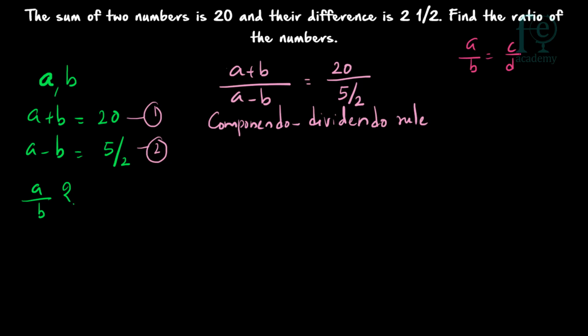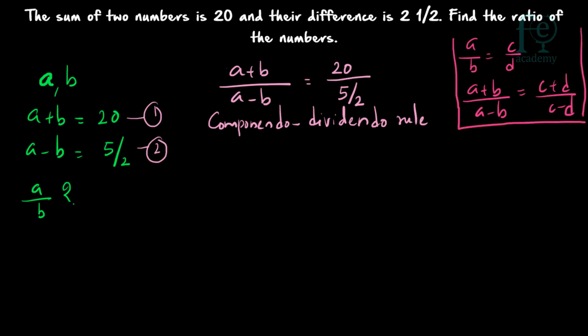A by B is equal to C by D means, according to componendo dividendo rule, A plus B divided by A minus B will be equal to C plus D divided by C minus D. So this is the basic componendo dividendo rule. When A by B is equal to C by D, then A plus B by A minus B is equal to C plus D by C minus D.